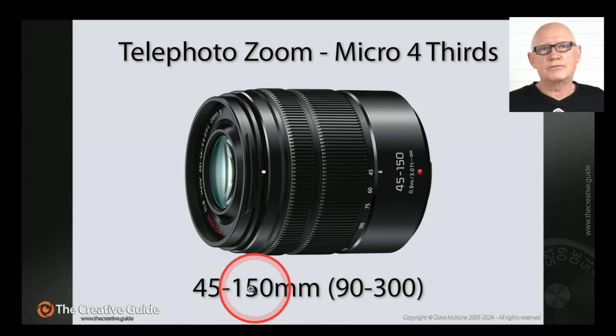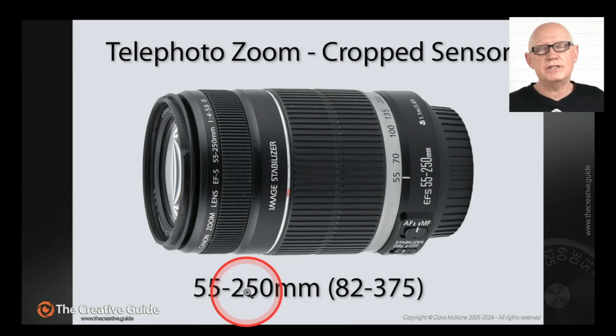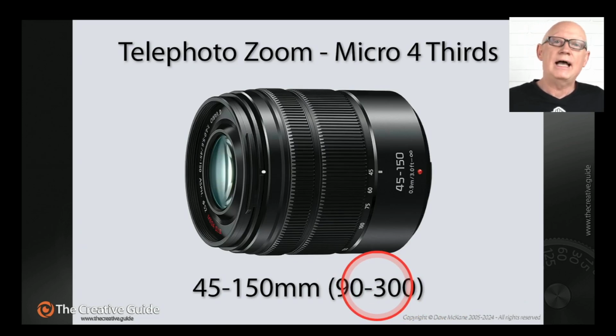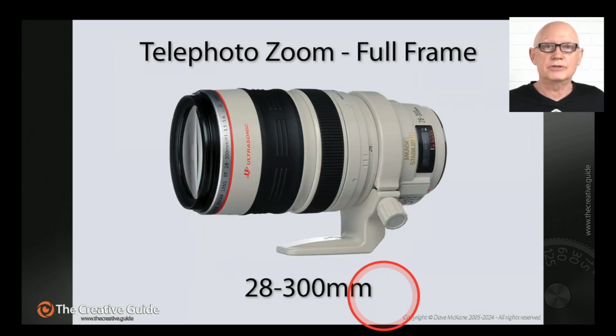If you have a Micro Four Thirds, something in the range of 150. Now, by the way, 250 multiplied by 1.5, the math never really works in my head. So it's something like 375 or something like that. Oh yeah, sure, look, didn't I do it there already? And then 150 on the Micro Four Thirds, that's coming in at 300. And so full frame, you would need something in around 300 as well.